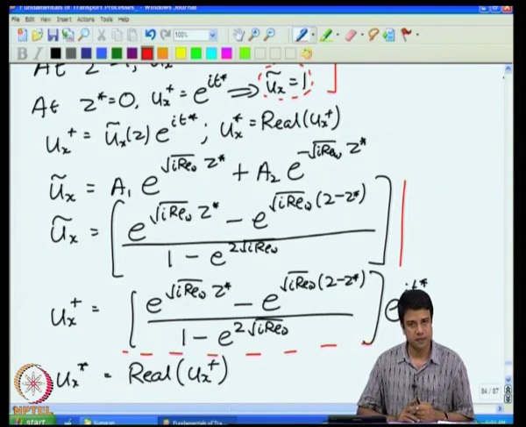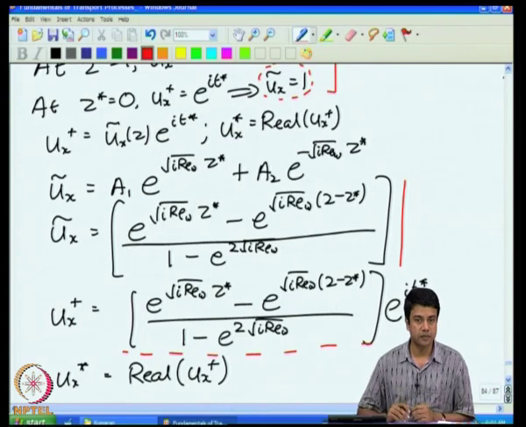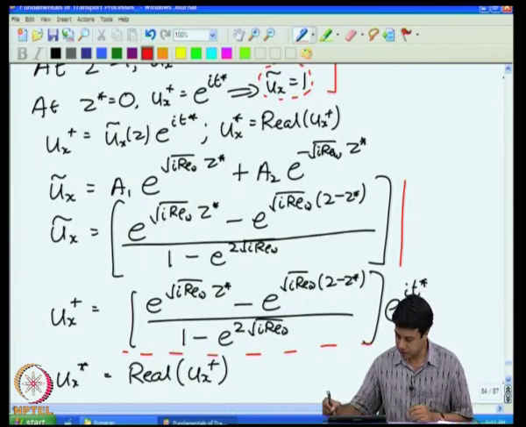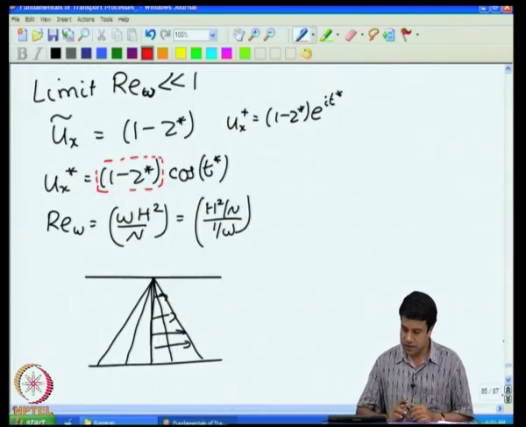However, you can get some additional physical insight into this by just looking at the limits. One is the limit where Re omega is small compared to 1, and the other is the limit where Re omega is large compared to 1, because that is the only parameter in the problem. Okay. And we looked at the physical meaning of Re omega small compared to 1.